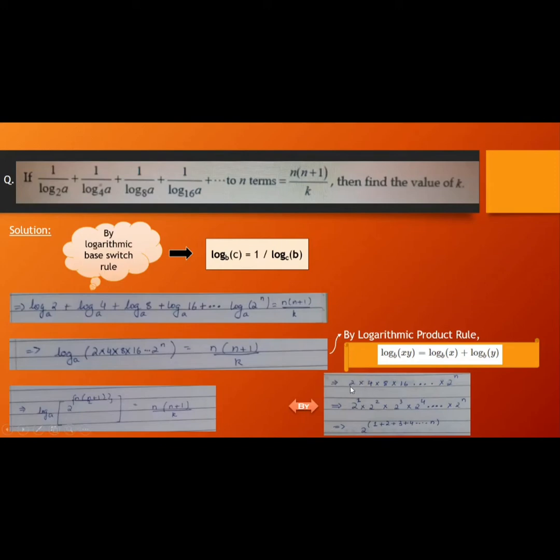The argument being 2 into 4 into 8, and so on, multiplied until 2 power n, which can also be written as 2 power 1 into 2 square into 2 cube, and so on until 2 power n, right? So now we are just adding all the powers since the bases are the same. How? By the product rule of exponentiation, which is given right here.